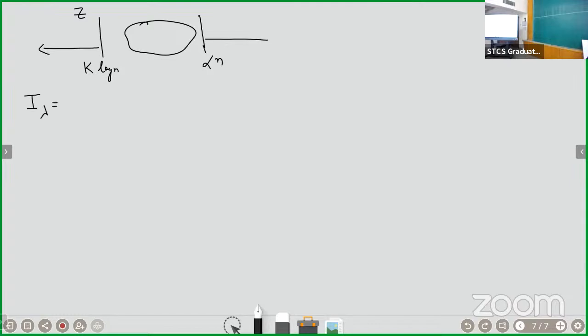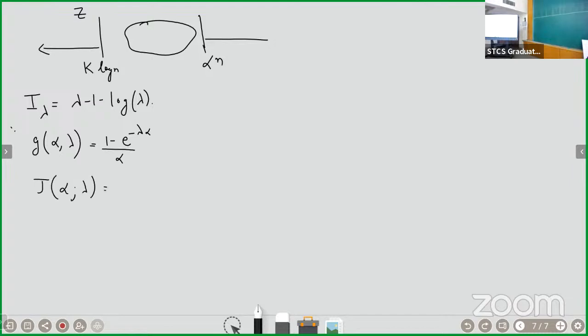Recall lambda, which was lambda minus 1. Two new things. G of lambda, which is e to the minus lambda.